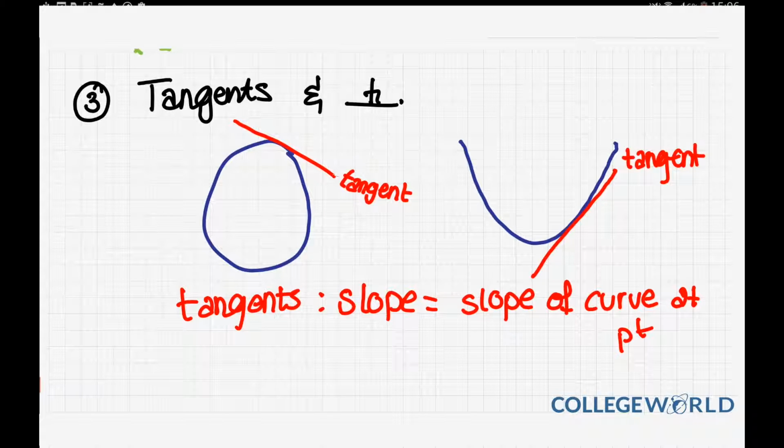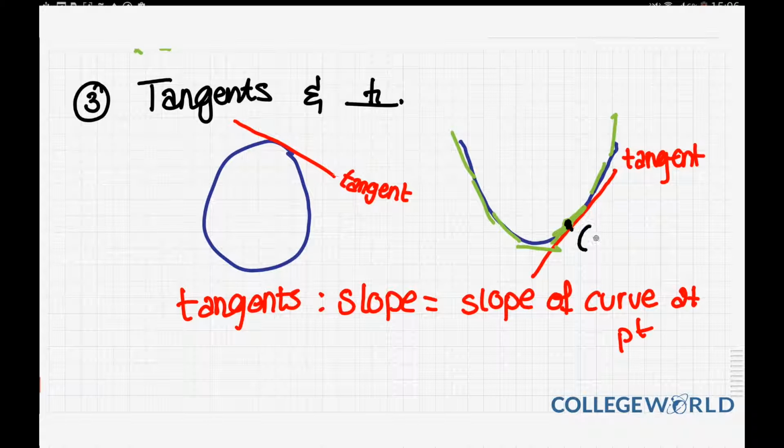So at this tiny point over here, let's say at (2, 0), just at x equals 2, you're going to have the slope of the curve equal exactly to the slope of that tangent.